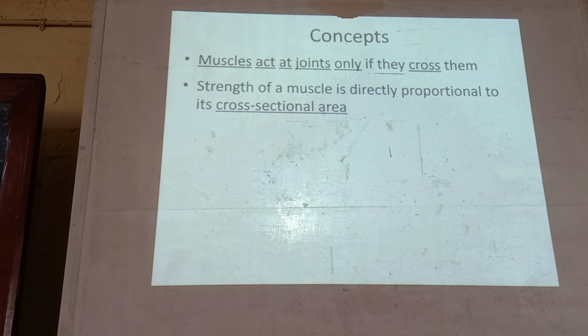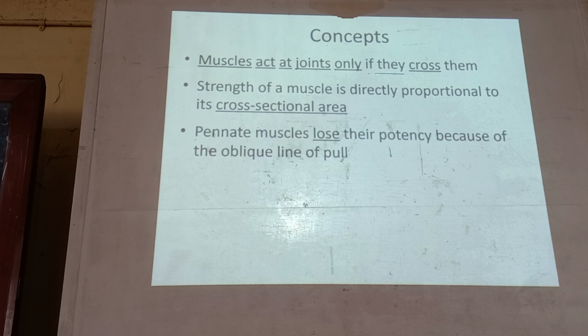When the diameter increases, cross-sectional area increases, strength increases. But what exactly is cross-sectional area? Pinnate muscles lose their potency because of the oblique line of pull. We discussed this yesterday, that 90% of the power is still maintained, only 10% power is lost. So they do not lose much.